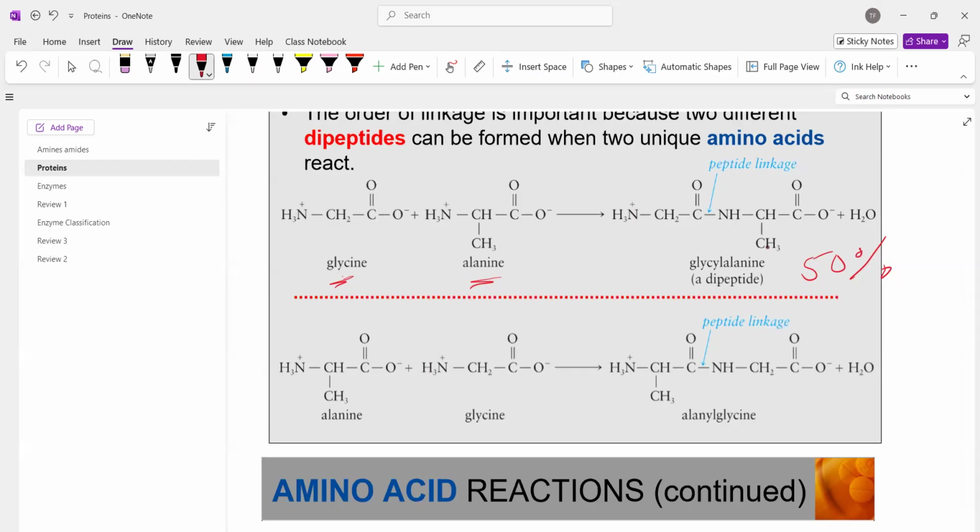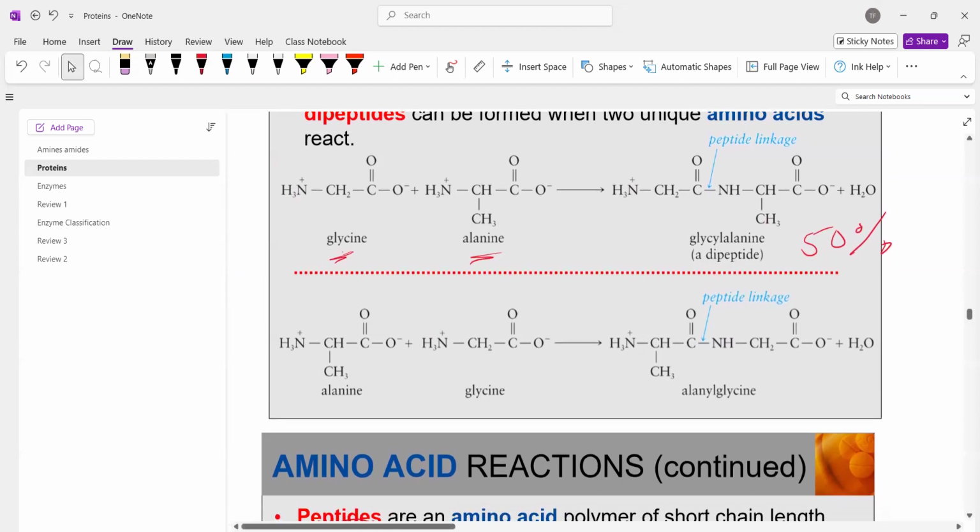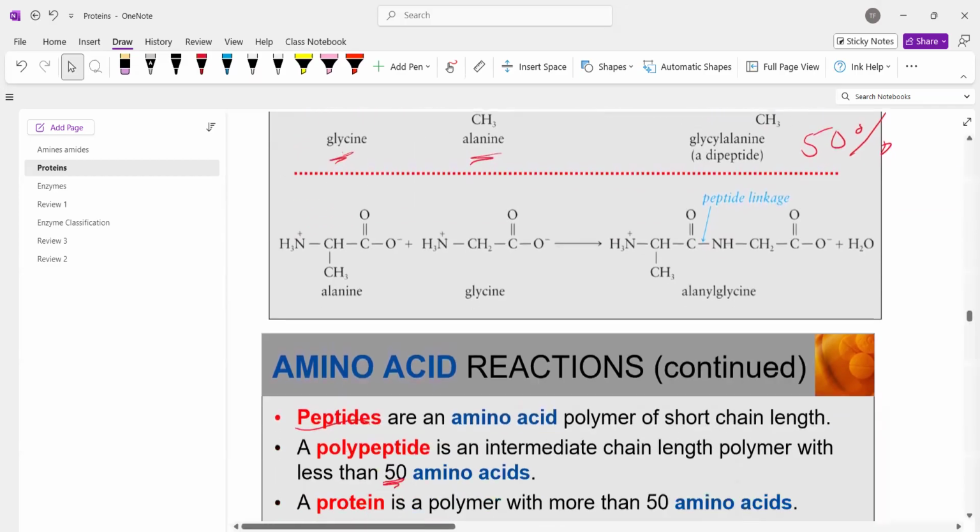Enzymatically, that's totally untrue, because when we build proteins, we have very definite sequences in mind. With all the RNA, the tRNA, the mRNA, all that stuff, determines the linkages. But in a test tube, there is no enzymatic activity to determine the order of the amino acids, only random chance. So we get 50-50.